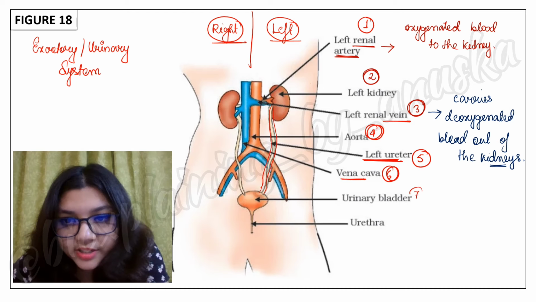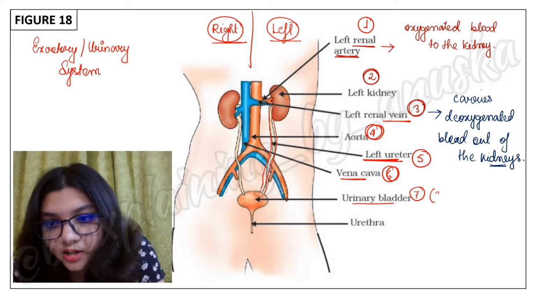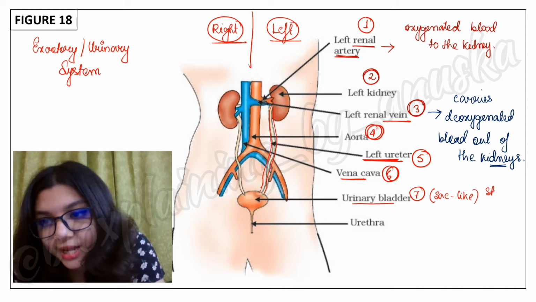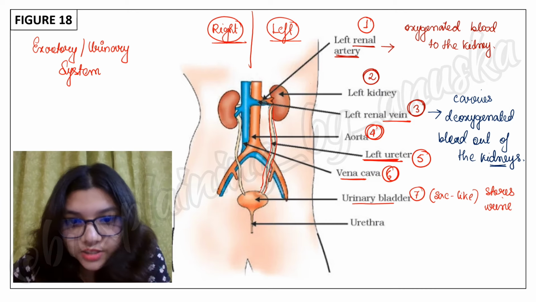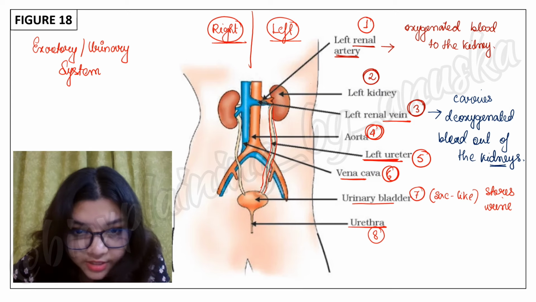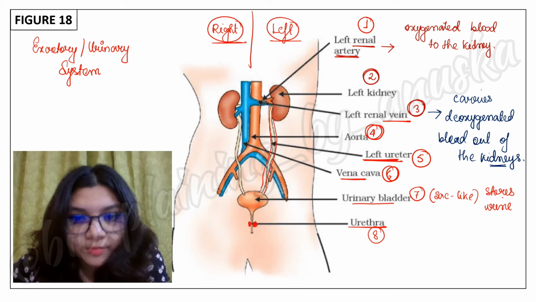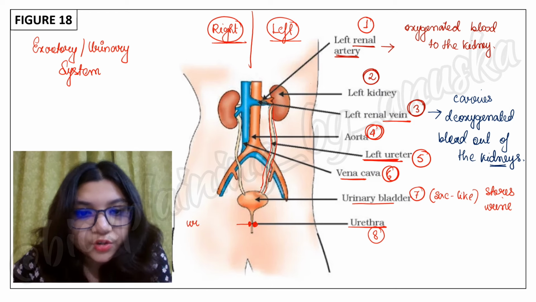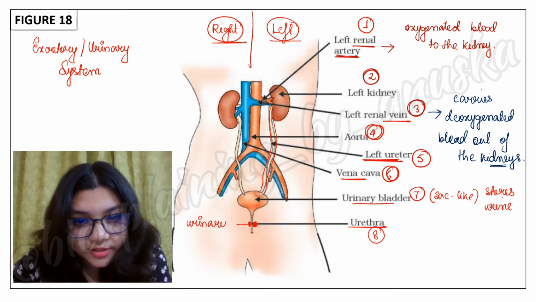Part number 7 is the urinary bladder. So this is a sac-like structure which will store the urine. And last you have the urethra. So this urethra contains circular muscles. These circular muscles are known as the urinary sphincter muscles, or in simple words, urinary sphincters.